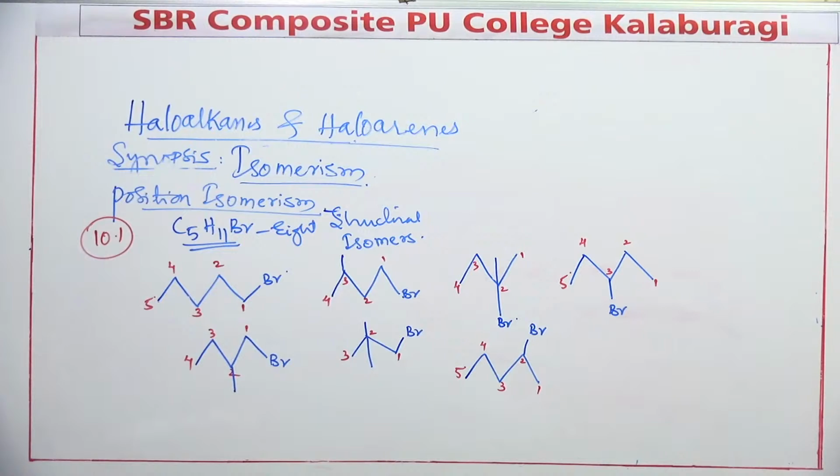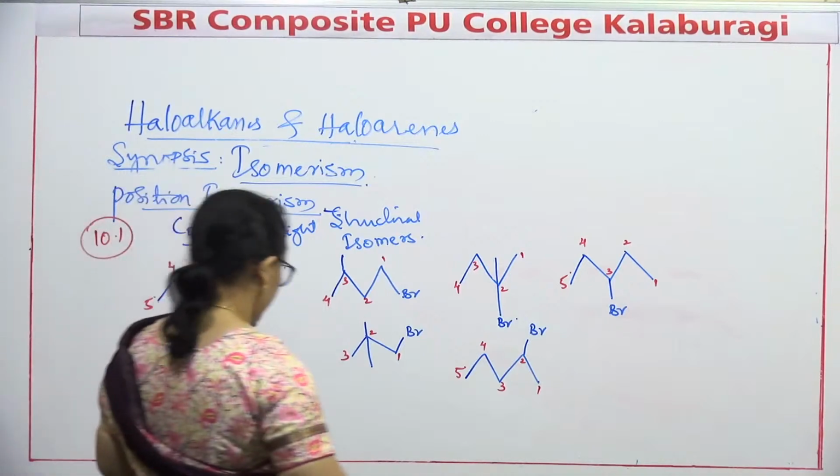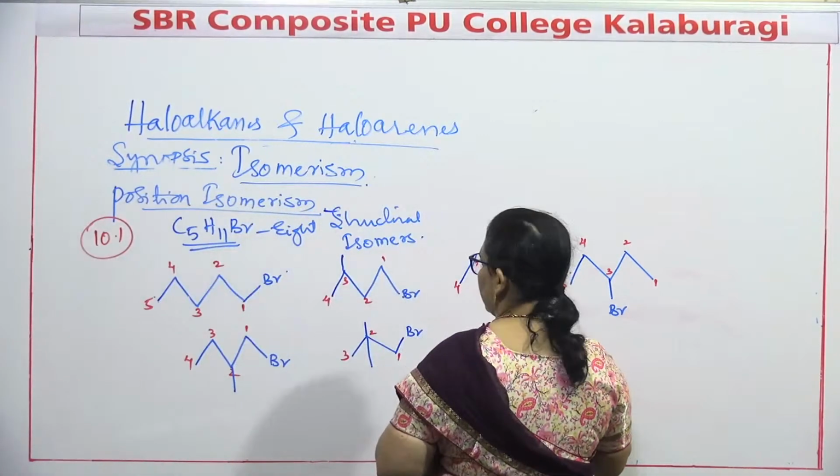Correct? Even we can write with respect to what, children? At the third carbon atom we have written, even at the second carbon atom we have written, we cannot take at the fourth carbon atom. Correct? Can we take Br and this one adjacent to each other? Is it possible to take adjacent to each other? How can we take, children?